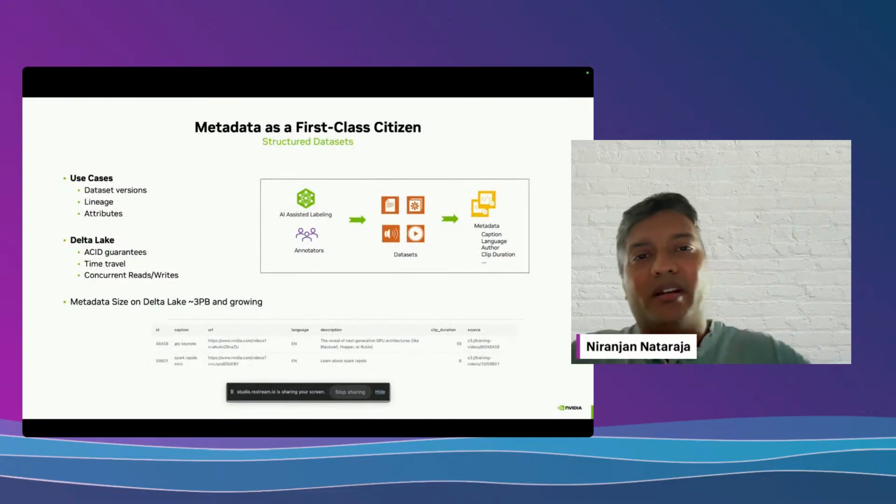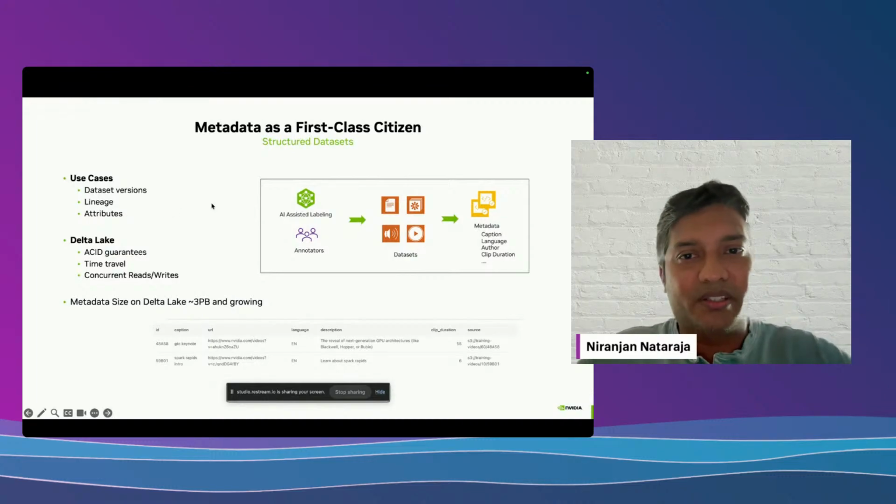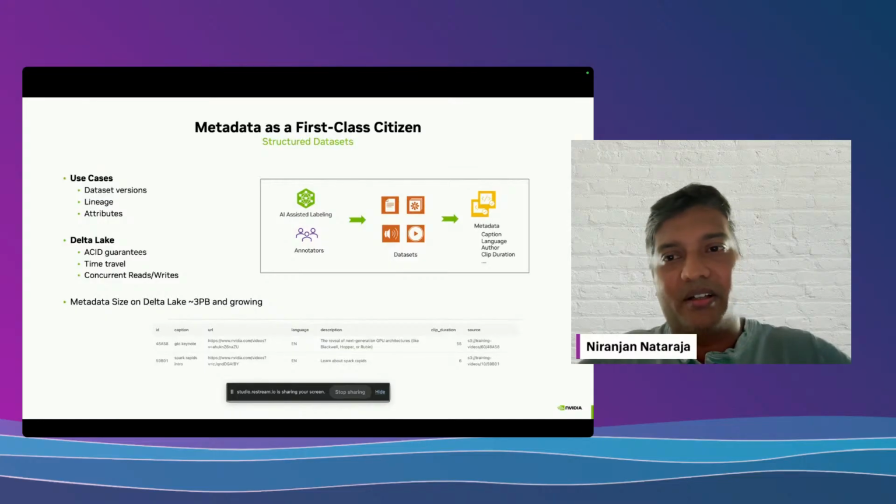Okay, why do we need structured datasets? Because all the raw data is actually unstructured, a majority of it. So where is the structured data coming from? Here is where we collect a lot of metadata to understand the unstructured datasets.